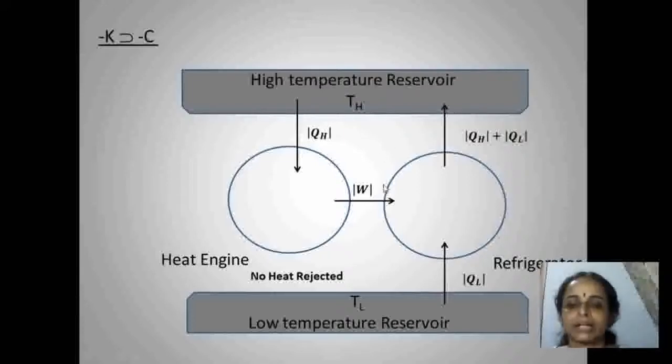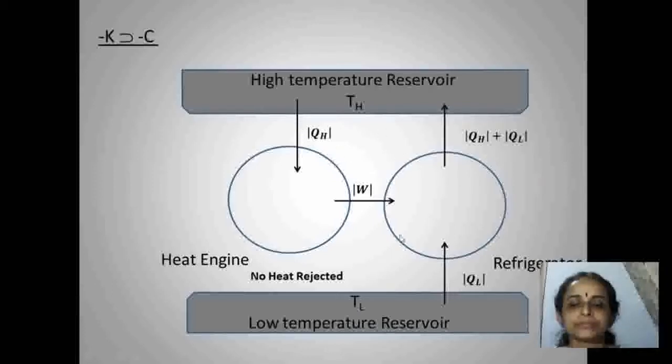Here the work is the work given by the heat engine. So this work can be represented by QH, because this QH is completely converted into work here, as it is a violation of the Kelvin-Planck statement. So we can consider W as QH.